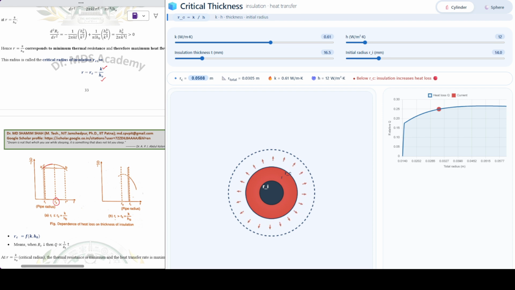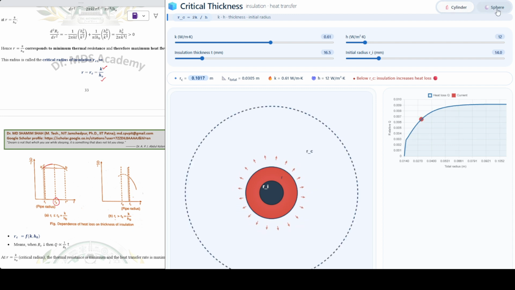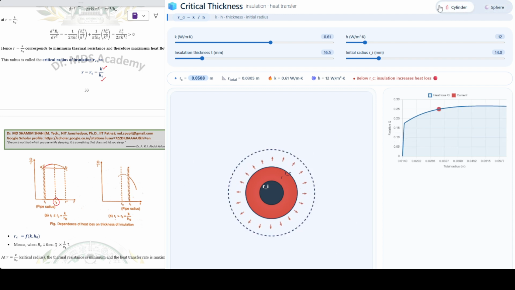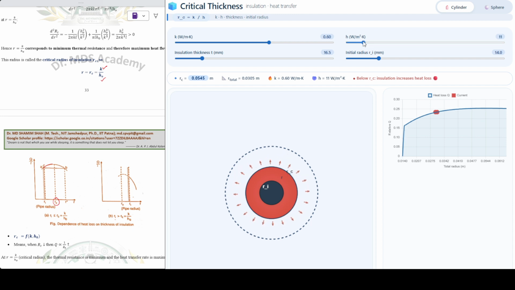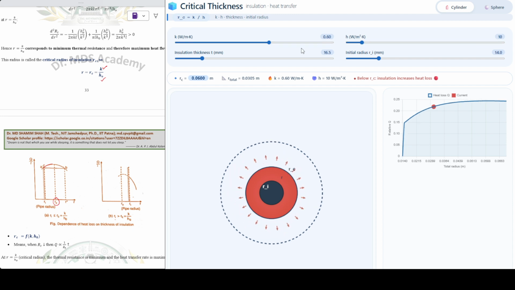So in the animation here we have two different cases, cylinder and the sphere. For the case of cylinder, the RC formula is given as RC is equal to K upon H. For the time being, K is kept at 0.6, and the H value we have kept is, for example, 10.